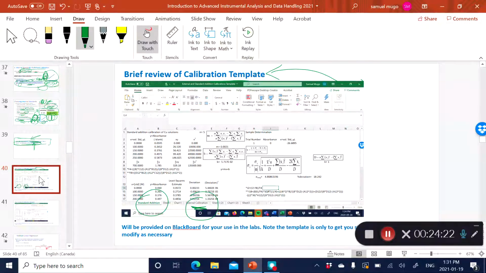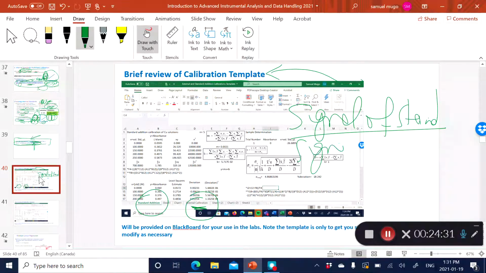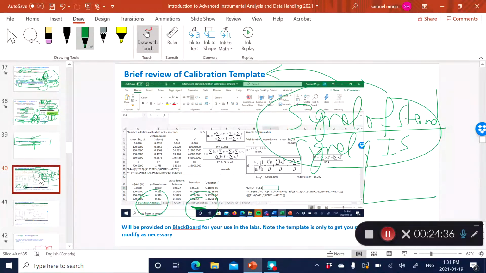The only difference is you just need to take the signal of the standard divided by the signal of your internal standard, and that is what you plot on the y-axis, and the x-axis remains exactly the same. So you'll have, of course, to take the template and modify it for the external calibration, and create another sheet for determining the internal standard calibration, because it's exactly the same. The only difference is that.